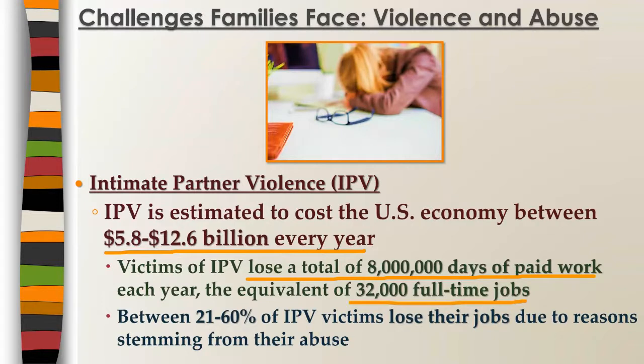Imagine you're in this kind of situation, you have a black eye or a big bruise that you can't hide, you're going to call out of work, right? Rather than go in and have to explain or be asked about what has happened to you. So between 21 and 60% of IPV victims lose their jobs due to reasons stemming from abuse.